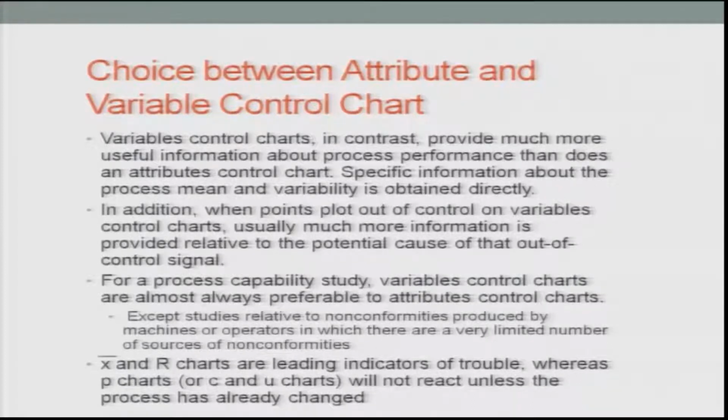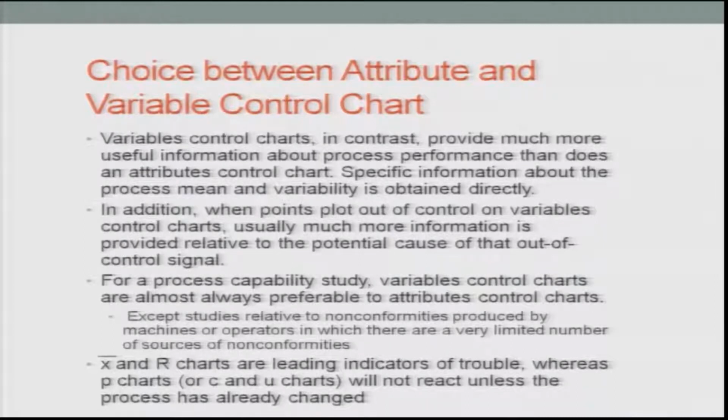For a process capability study, variable control charts are almost always preferable to attributes control charts. So, except for studies related to the non-conformities produced by the machines, the good, bad, or color change, black or white, whatever it is, produced by the machines and operators, in which there is a very limited source of information for the non-conformity charts and values.